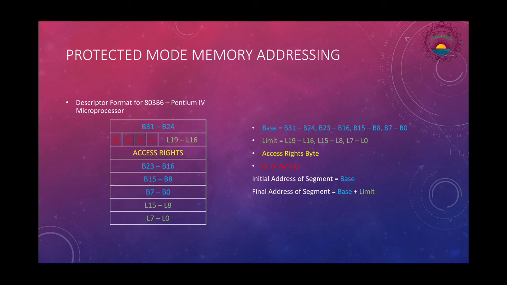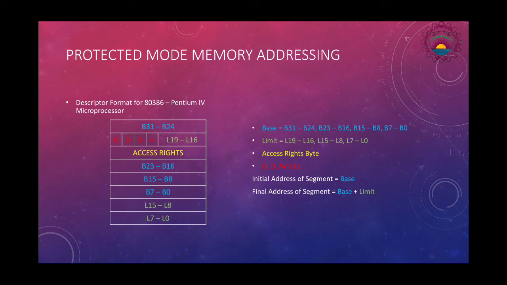And in the second last byte of this descriptor, in the lower nibble you are having A16 to A19. So there is a limit of 20 bit. Then there are 4 bytes for base address, B0 to B7, B8 to B15, B16 to B23. And the last byte is having B24 to B31.